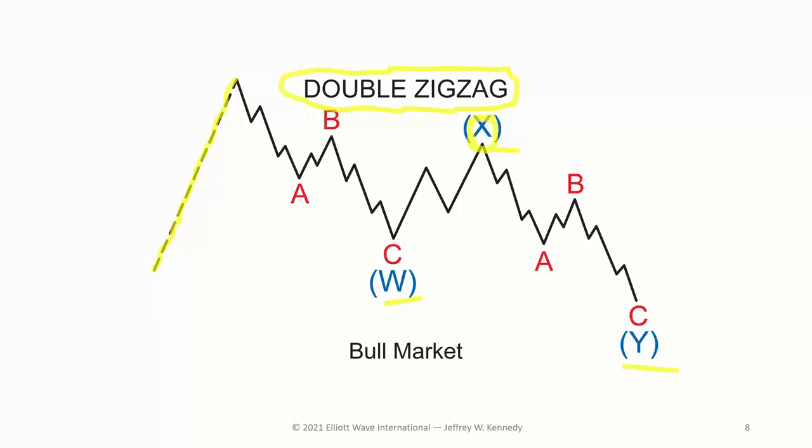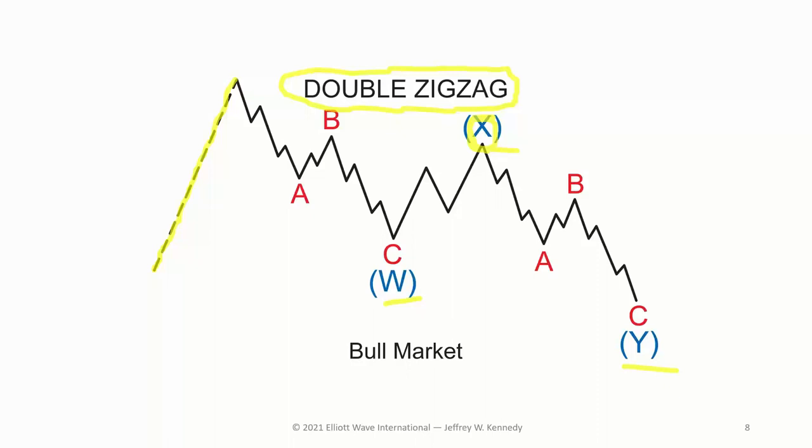Within an impulse wave, waves 1, 2, 3, 4, 5, typically we like to see a 1.618 multiple between wave 3 and wave 1. Sometimes, in a very exuberant market, you might see wave 3 travel to a 2.0 multiple or a 2.618 multiple of its corresponding wave 1.